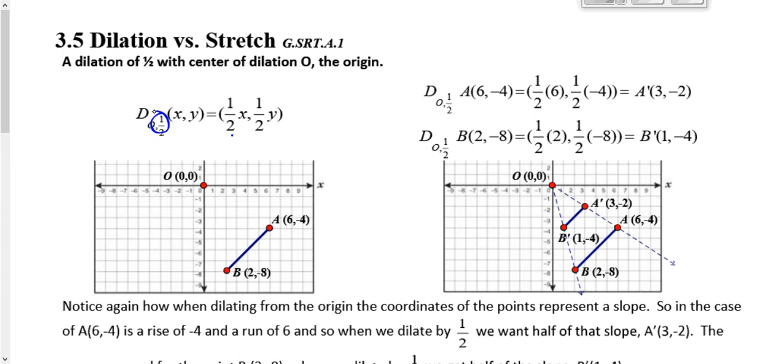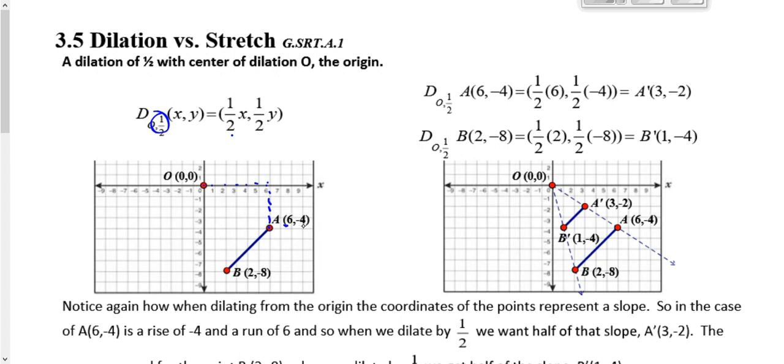Okay? So here's the origin. If we're starting with A, what's the original run? 6. But you knew that because that's 6 minus 0, isn't it? And what's the original rise? -4.